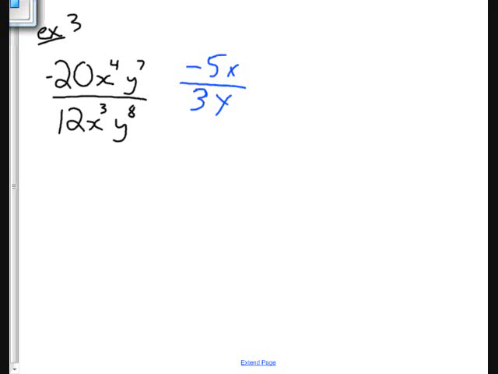Is that what we all got? How did you get that? Because the 8 is bigger, it just stays on the bottom. Any questions on this one? We just take out a factor of our 20 and our 12, and then we subtract our exponents, right?